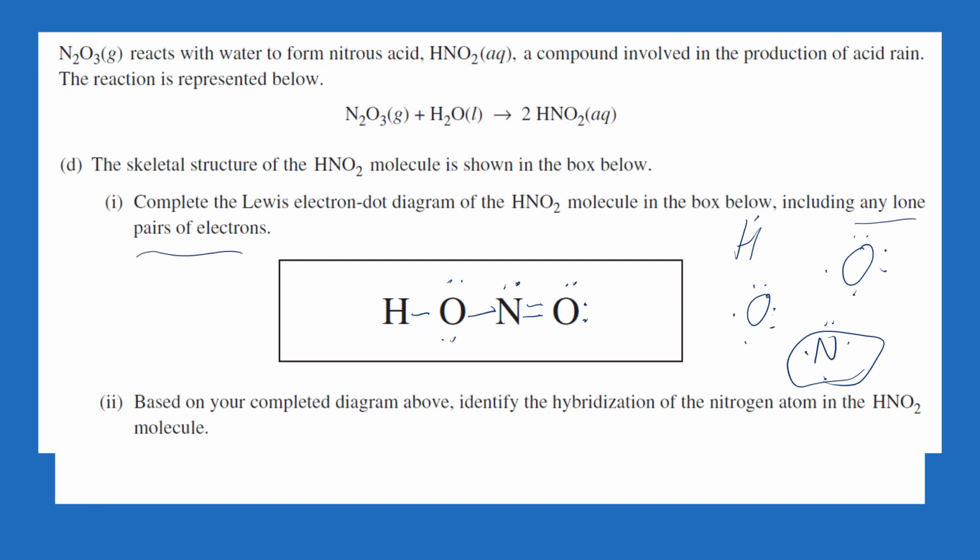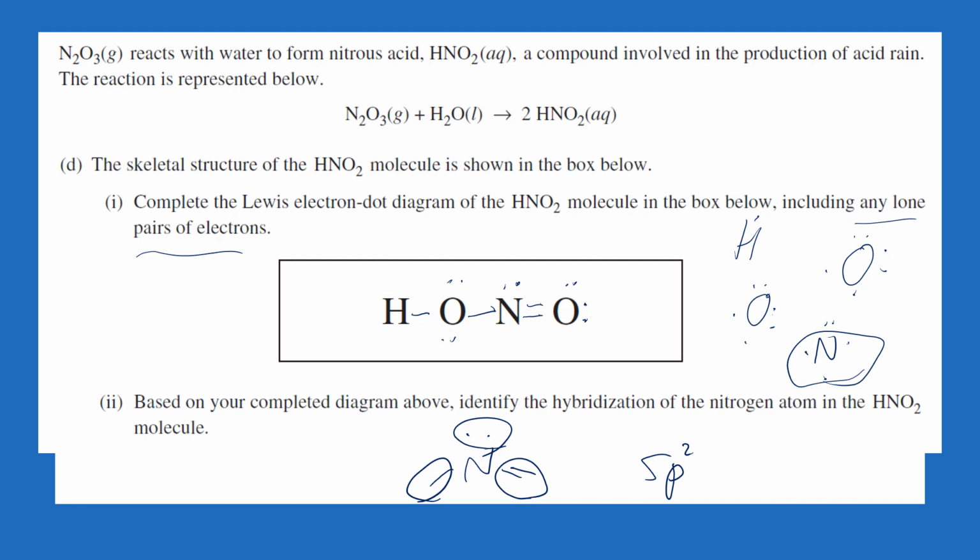All right, now based on our completed diagram, identify the hybridization of the nitrogen atom in the HNO2 molecule. So the nitrogen atom has 3 areas of electron density around it: the lone pair, the double bond, and the single bond. So 3 areas, that's sp2 hybridized. Think about it this way: an s and 2 p's, that's 3 areas of electron density.